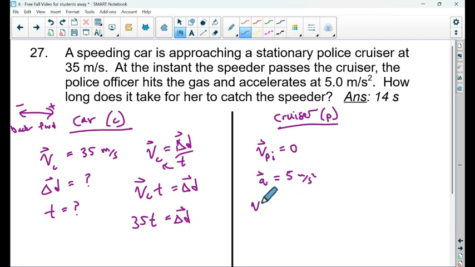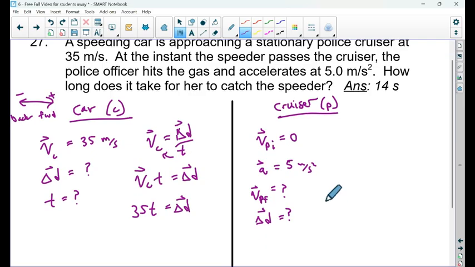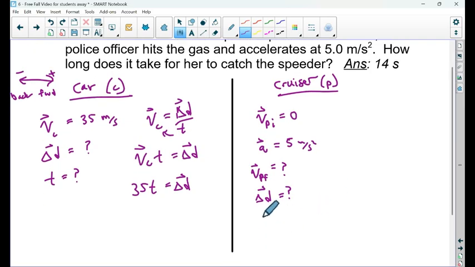What's the final velocity? Police final velocity. Don't know, not sure. What's the displacement? Not sure, but it's going to be the same as the car at the point we're interested in. What's the time? Don't know. So we don't have enough information there. We need a third one in order to solve for a fourth one.